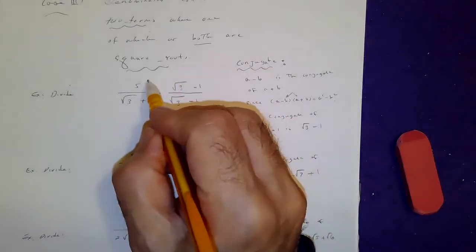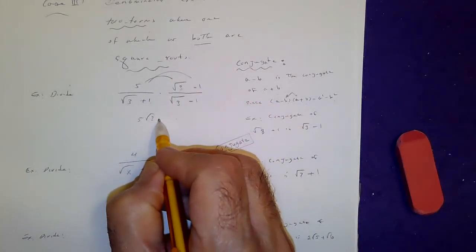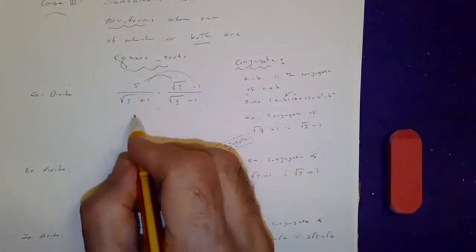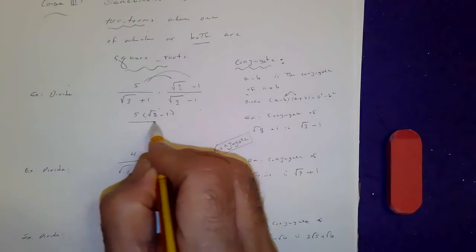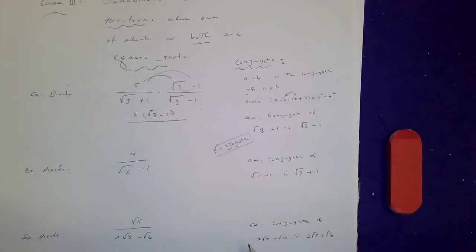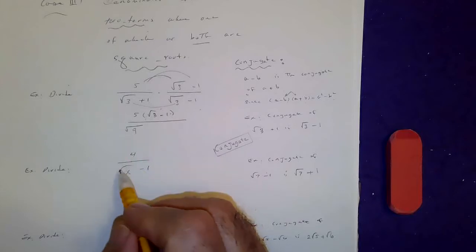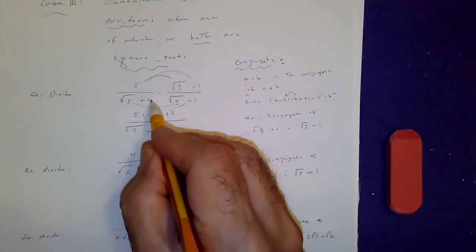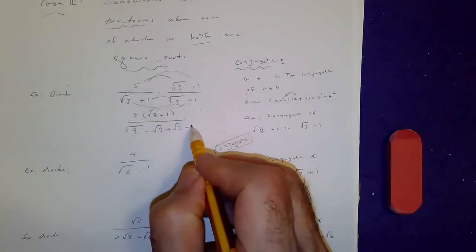So what do we get? Here you get 5 square root of 3. Let's just not multiply for a minute. Let's just hold on to 5 and see what shows up in the denominator. The denominator is the square root of 3 times the square root of 3, which is the square root of 9. 1 minus the square root of 3, then you got positive square root of 3. 1 times negative 1 is negative 1.